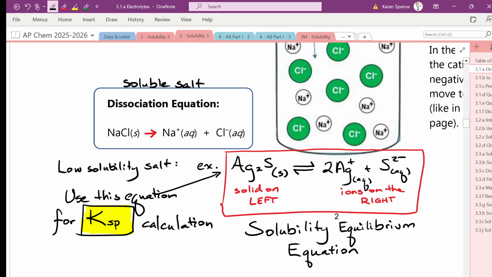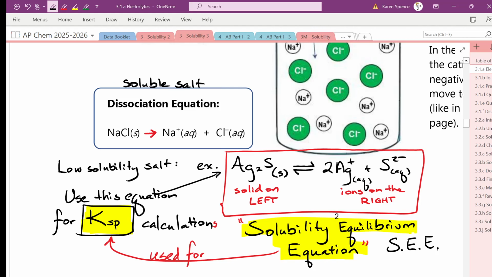And the solubility equilibrium equation is used for KSP calculations. And because I don't like writing solubility equilibrium equation over and over and over, I call it the SEE.